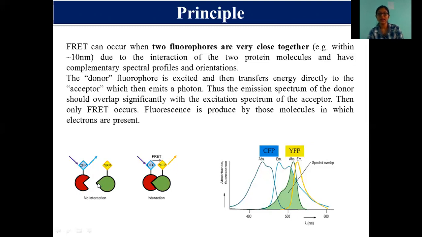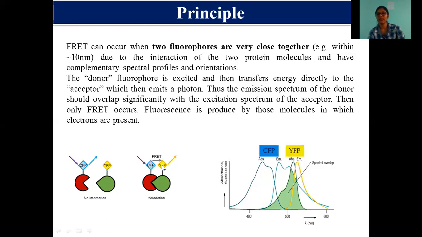Here you can see that these two proteins do not interact with each other. There is no interaction between these two proteins, and here you cannot get the overlapping spectrum because the emission wavelength of this CFP is not absorbed by the YFP. In the second diagram, you can see that the CFP and YFP, two fluorescent molecules, are not close together.